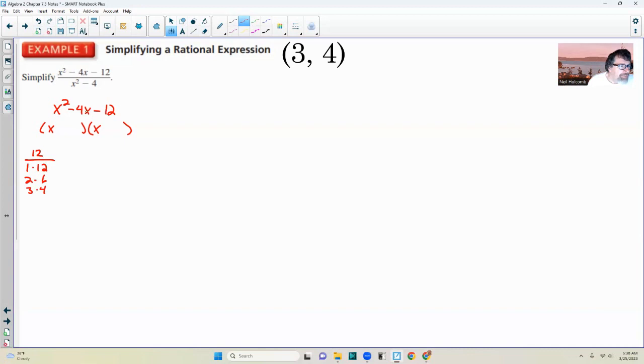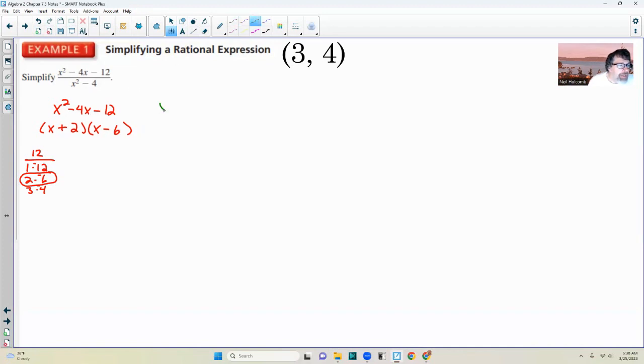It's negative, and the middle term's negative, so the bigger number has to be negative. So it's 1 times negative 12, 2 times negative 6, or 3 times negative 4. Which is it? Well, we need a negative 4 sum, and that's this right here. So it's going to be x plus 2 and x minus 6 is what this factors out to be.